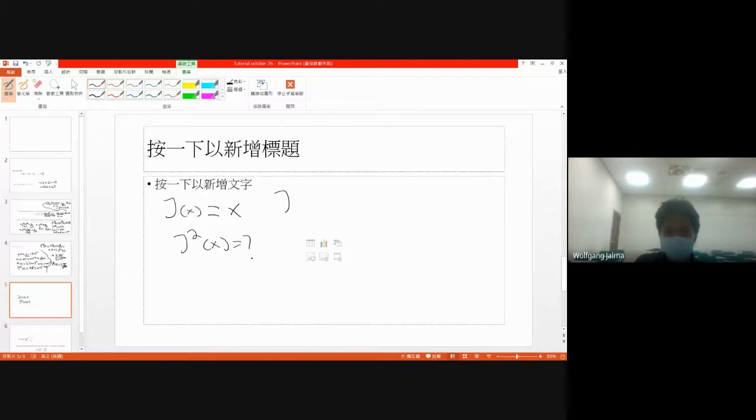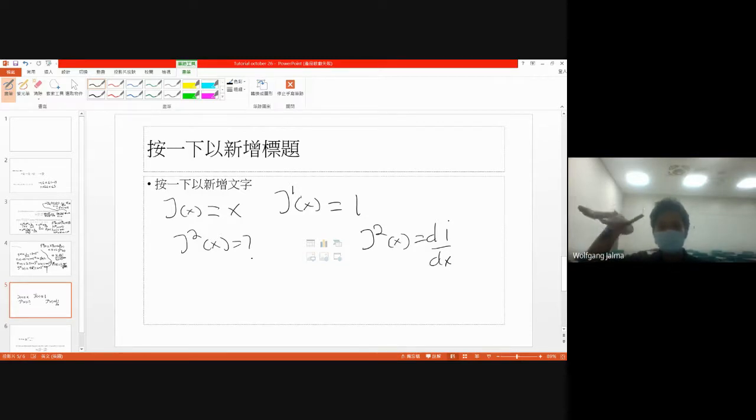So the first derivative of j is 1. The second derivative of j will be the derivative of 1, d1 over dx, but 1 is constant. Everything constant, so the rate of change is 0.